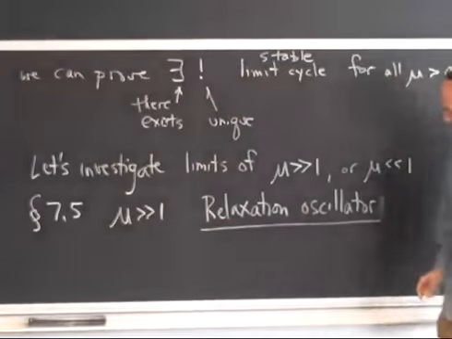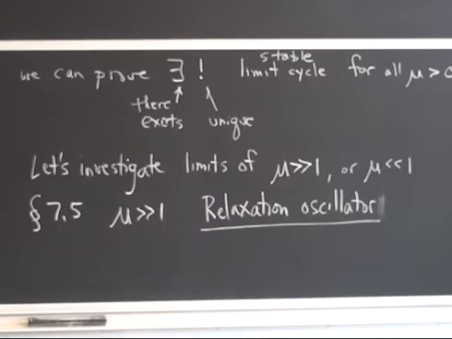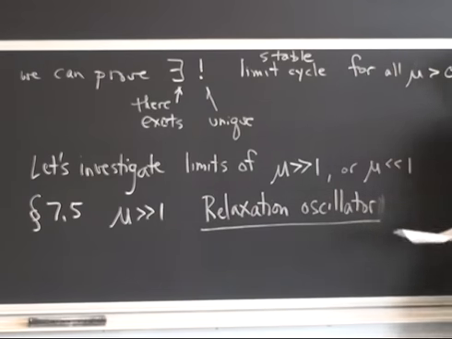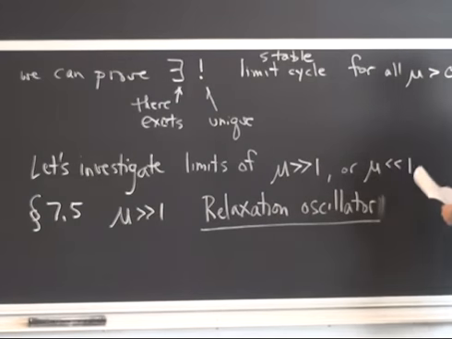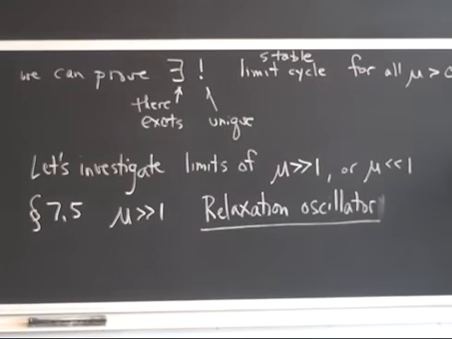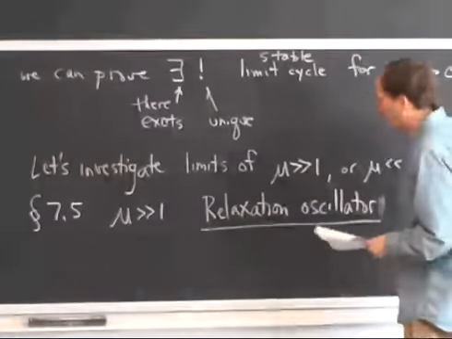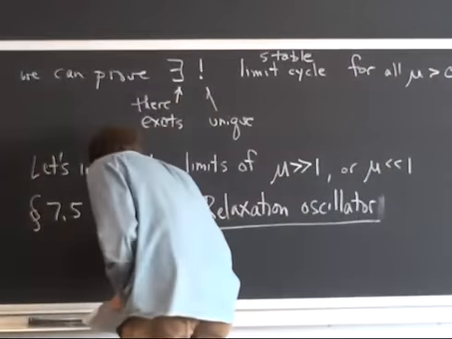Once we get to the right point in the analysis, I'll clarify why these are called relaxation oscillations. But for now, let's just see what we can do. Are there any questions so far? Okay. So we're doing the strongly nonlinear case.